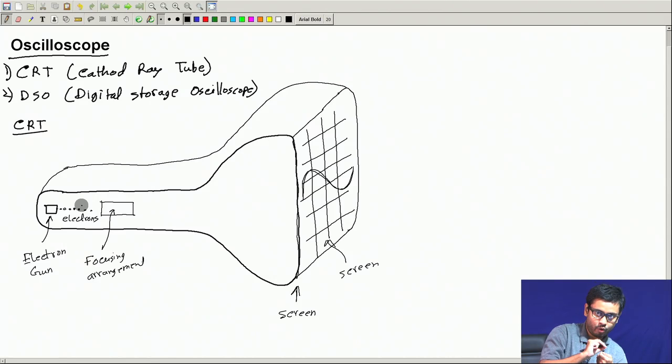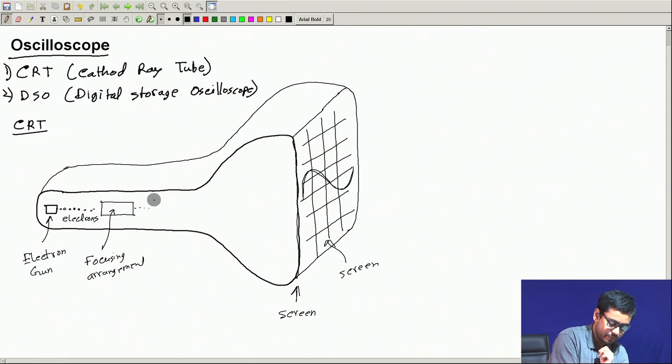A small narrow light beam emits from a laser light. Similarly, a narrow beam of electrons will emit from this. Particularly, the focusing arrangement will also take care of shaping these electron beams. And after that we have the main two components. These are two sets of plates.